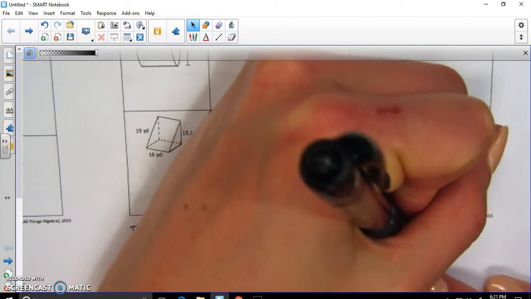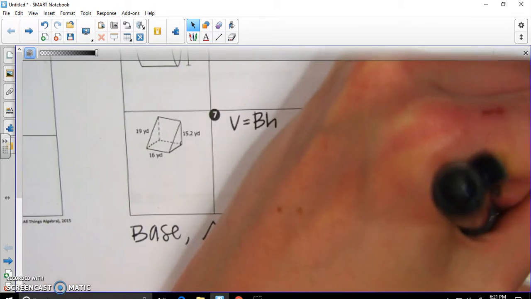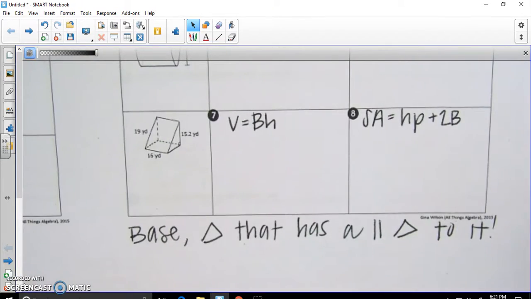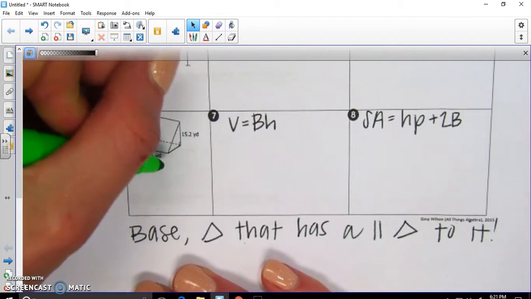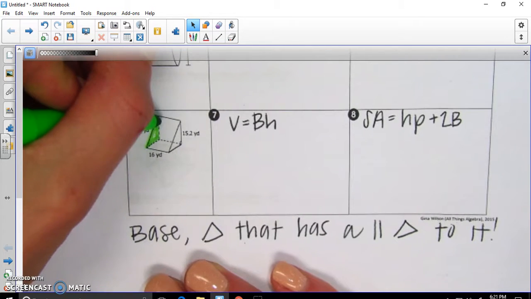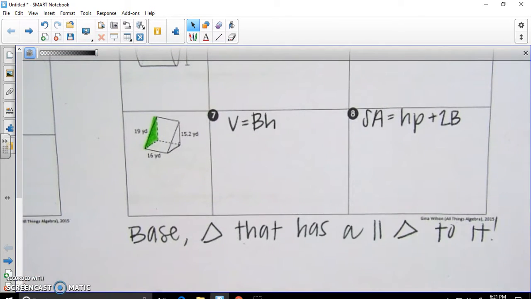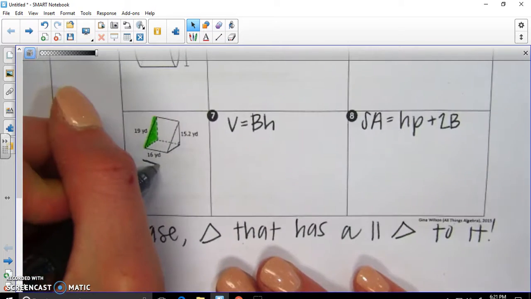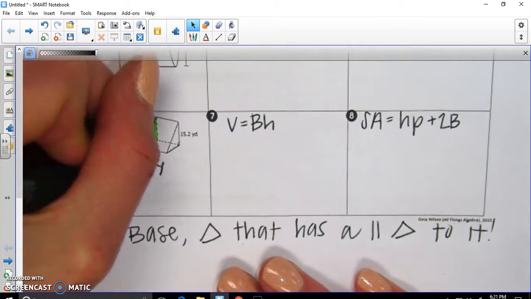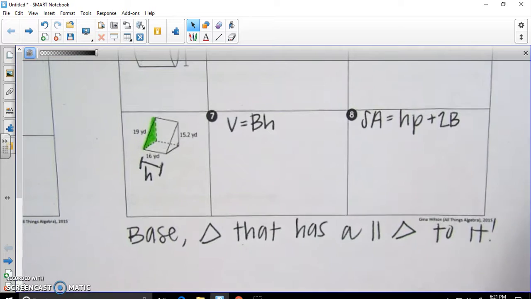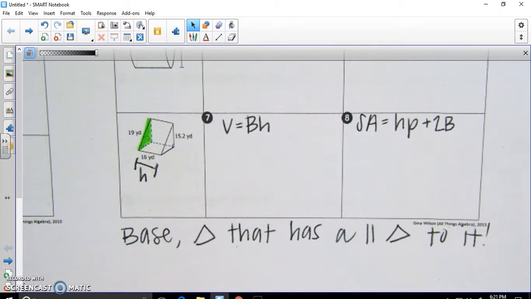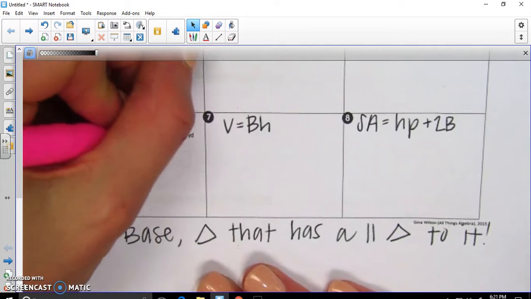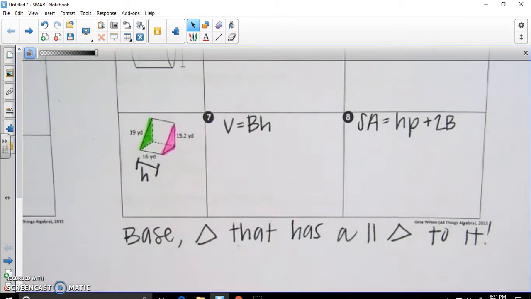So we could consider either this front one the base or this back one the base. But they're connected by this distance, which is considered the height. Which again is really weird because we're used to thinking of height as a vertical thing, but when you have prisms like this, height doesn't have to be vertical. It just means the distance between the two bases.